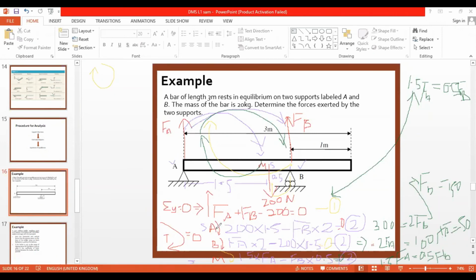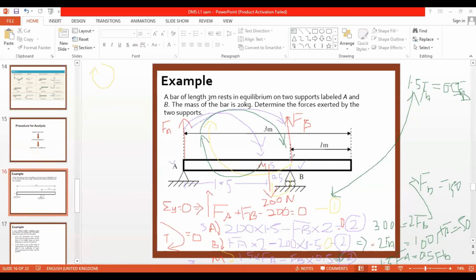Similarly, if you are taking about point B, the FB force will not come, only the FA force is coming. But when you take moments about M, FA is coming, FB is also coming, and you don't know both. So this is a guess.